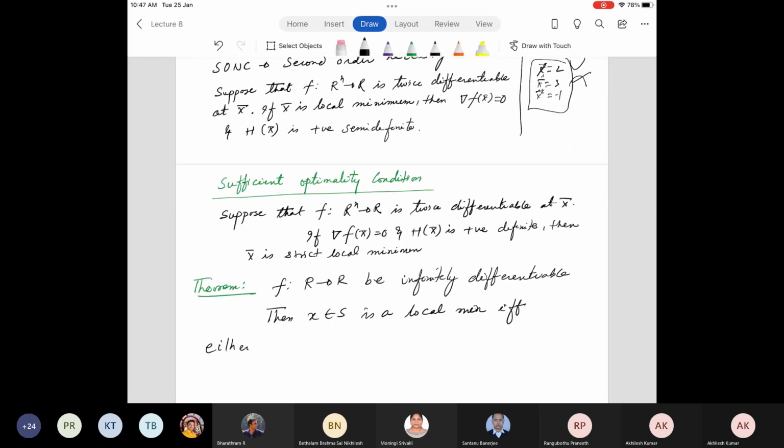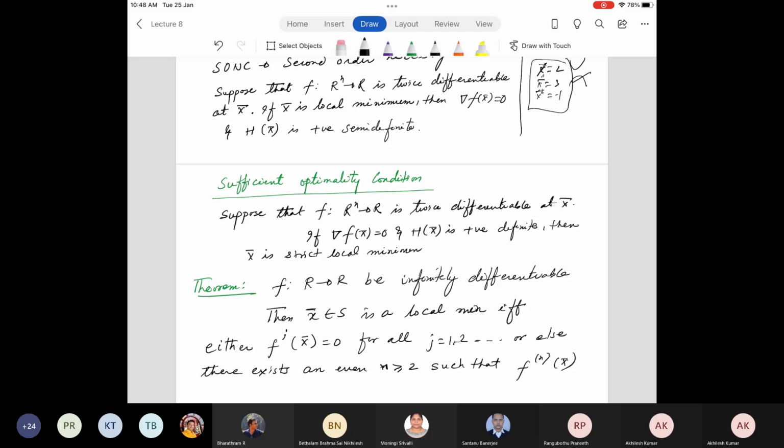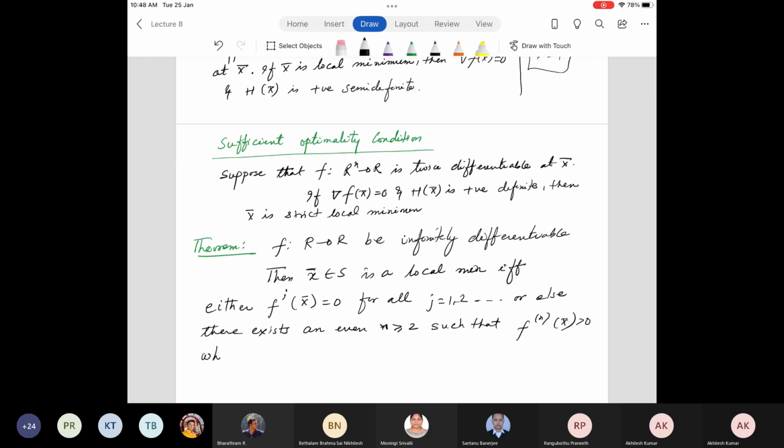either f^(j)(x bar) equals 0 for all j = 1, 2, and so on, as many times as it is differentiable, or else there exists an even n greater than or equal to 2 such that f^(n)(x bar) is greater than 0, while f^(j)(x bar) equals 0 for all j between 1 and this even number n. f^(j) is the jth order derivative.